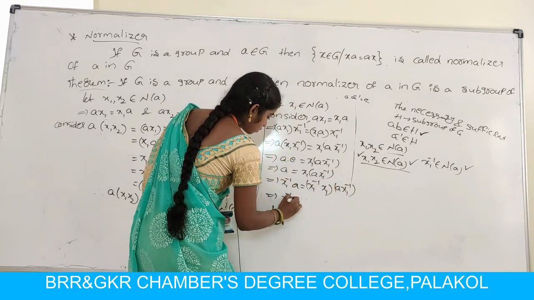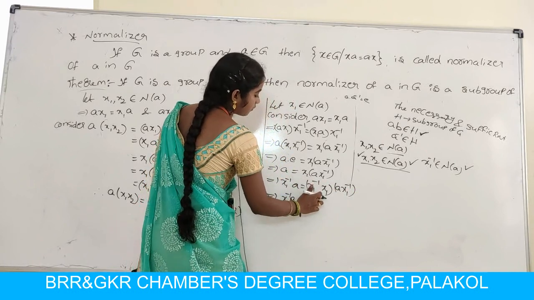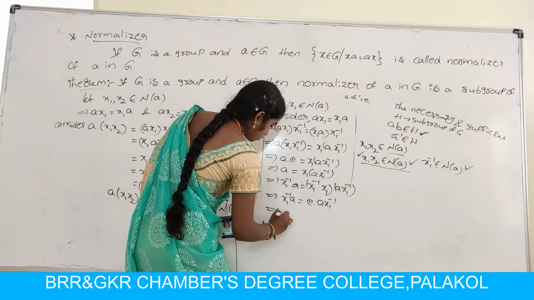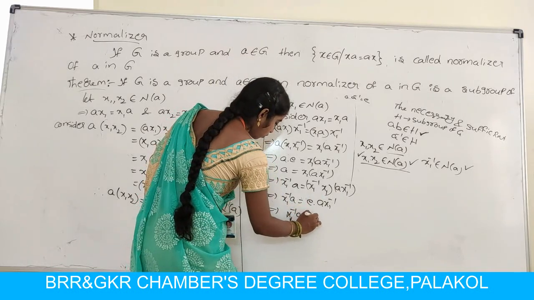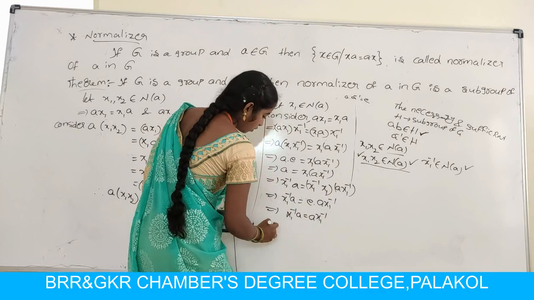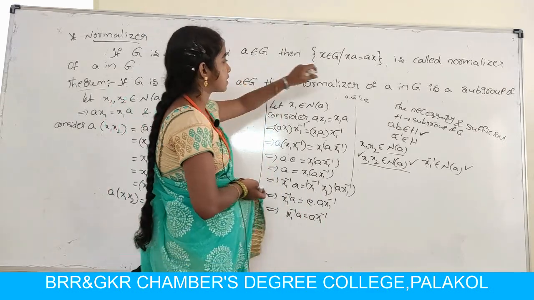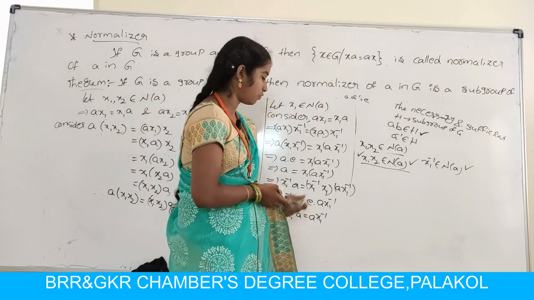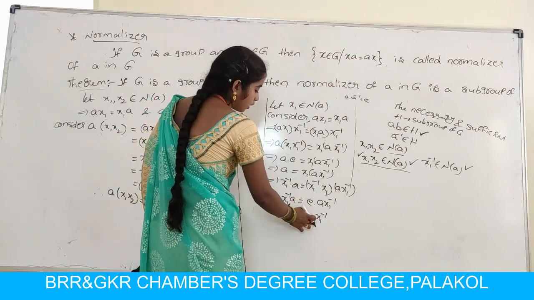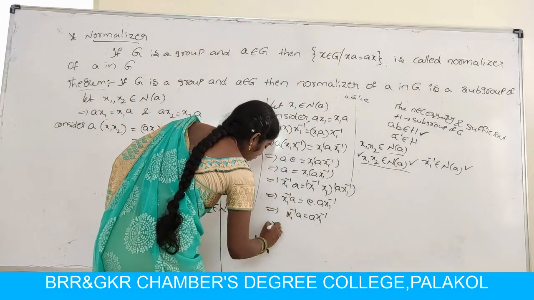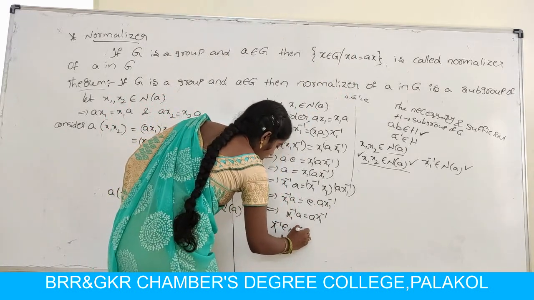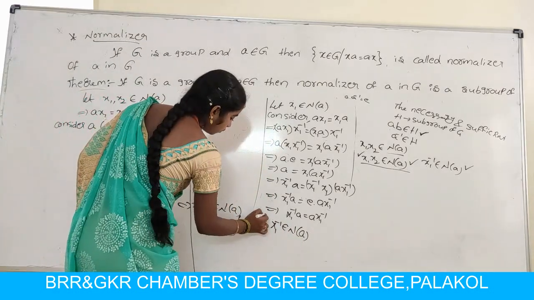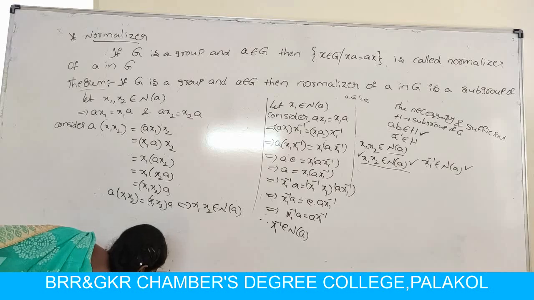Already we know x1 inverse into x1 is e, so x1 inverse a equal to a into x1 inverse. So that means x1 inverse belongs to N of A. Therefore, this is the theorem.